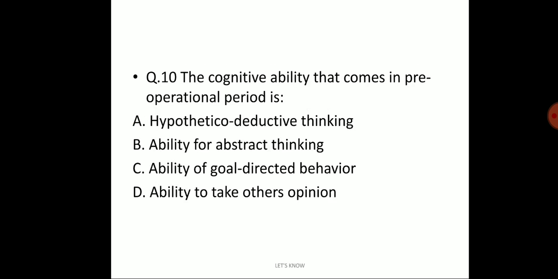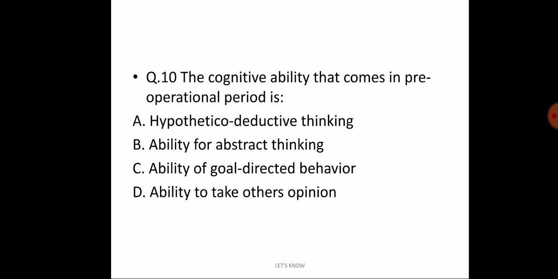Next question: the cognitive ability that comes in the pre-operational period. Pre-operational is the second stage of Piaget's theory. We have already studied that the first is sensory motor, then the pre-operational period. The options are hypothetical deductive thinking, ability for abstract thinking, ability of goal directed behavior, and ability to take others' opinion.